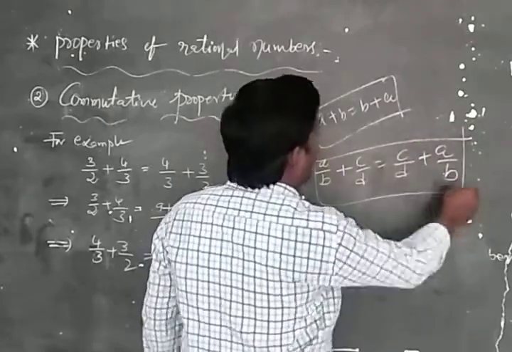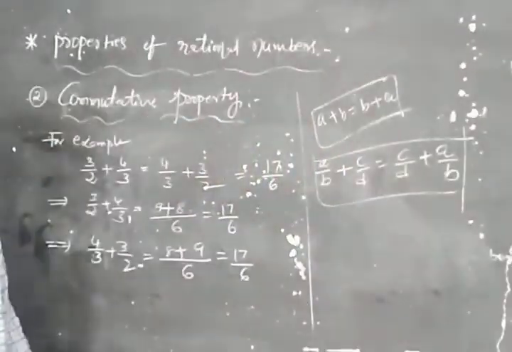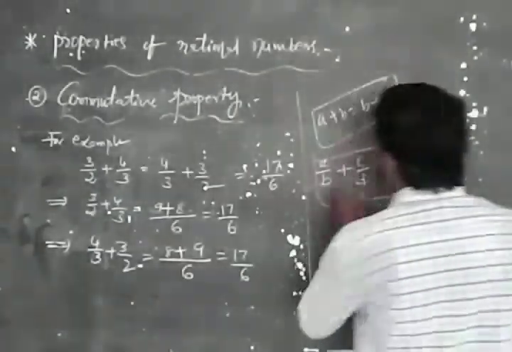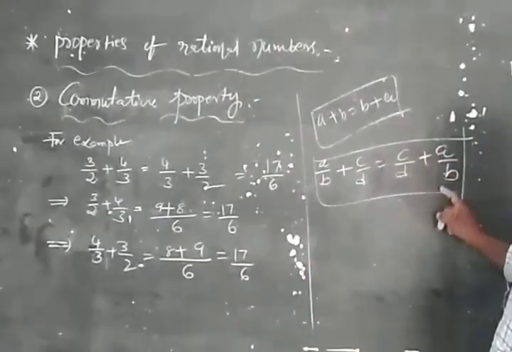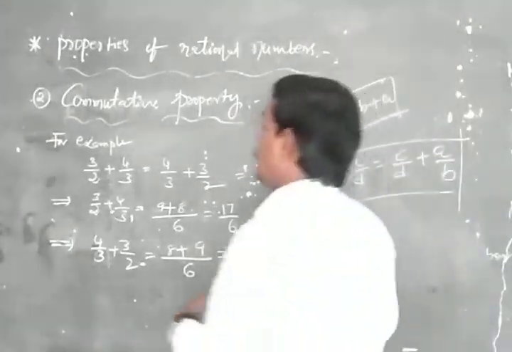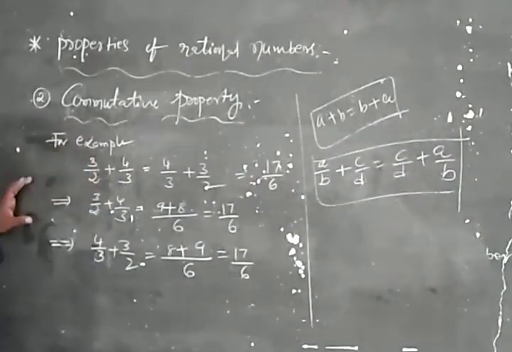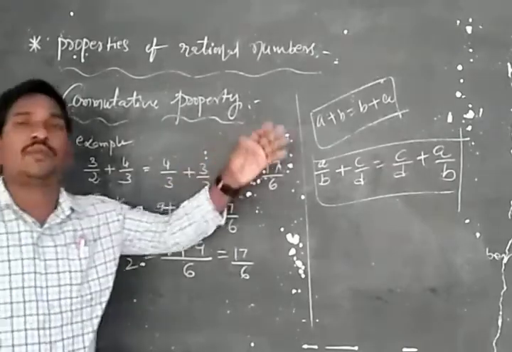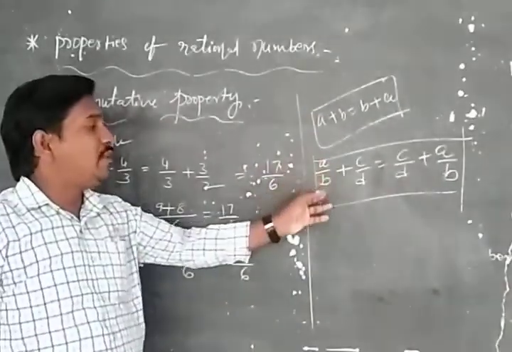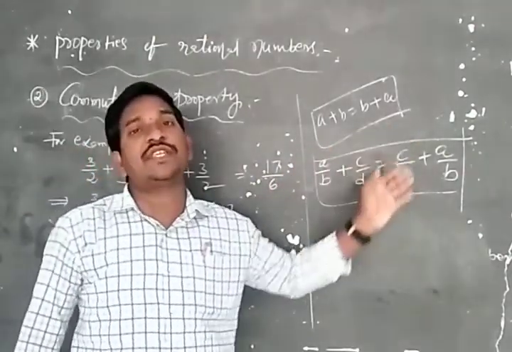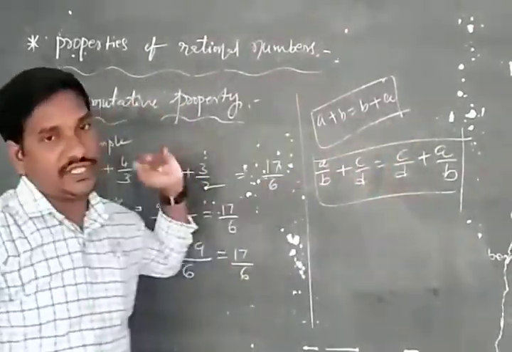This is also the commutative property. The sum of a/b plus c/d is the sum of c/d plus a/b. Both sums are equal. That's why this is the commutative property. So a plus b equals b plus a is for the natural numbers. a/b plus c/d equals c/d plus a/b is for the rational numbers.